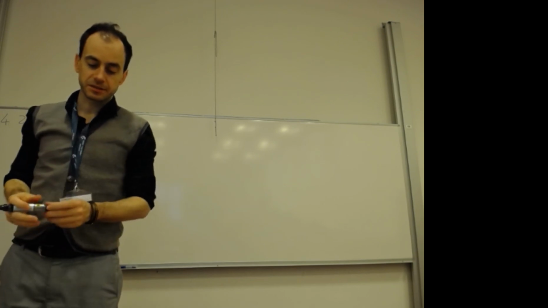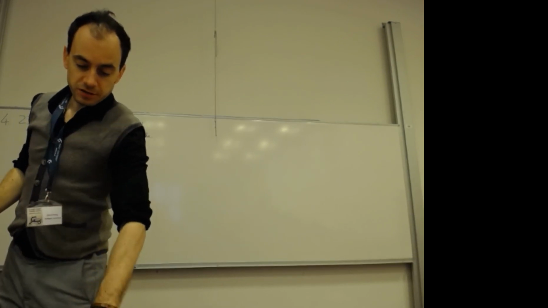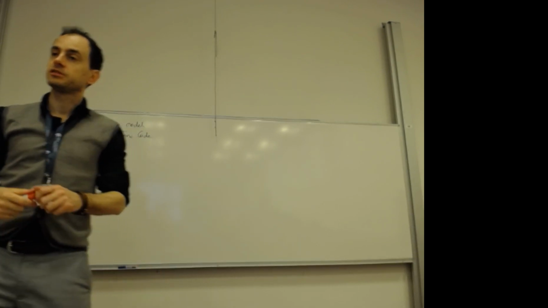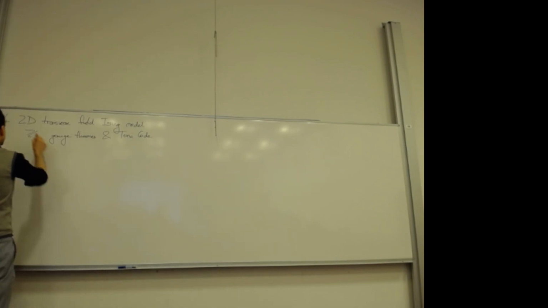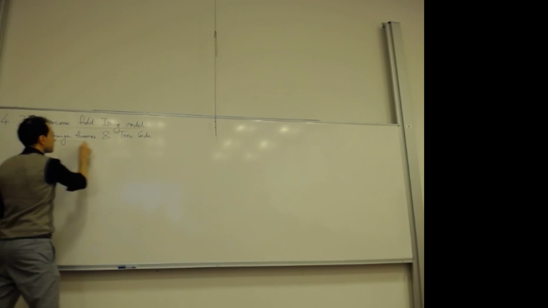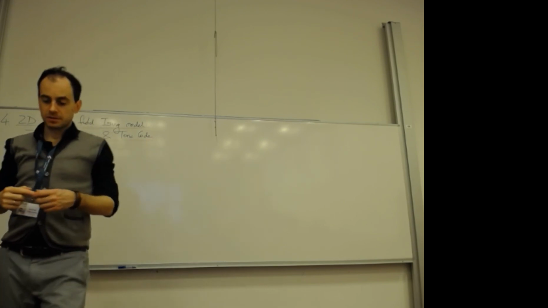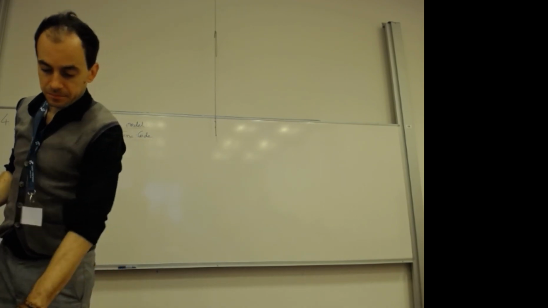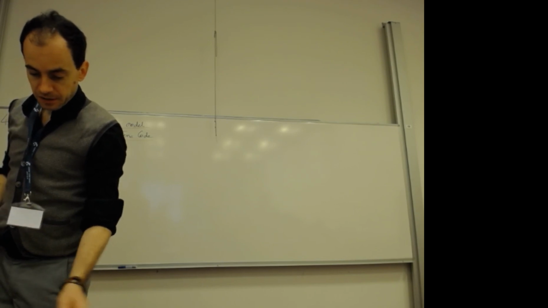So remember that in the first and the second lecture, we started from the one-dimensional transverse field Ising model. And maybe I should draw this also.